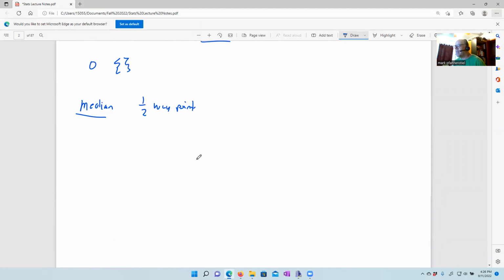If your n, the number of observations, where n is always equal to the number of observations, is an even number, then what we do is we combine the two middle observations and take the mean. We average the two center observations.